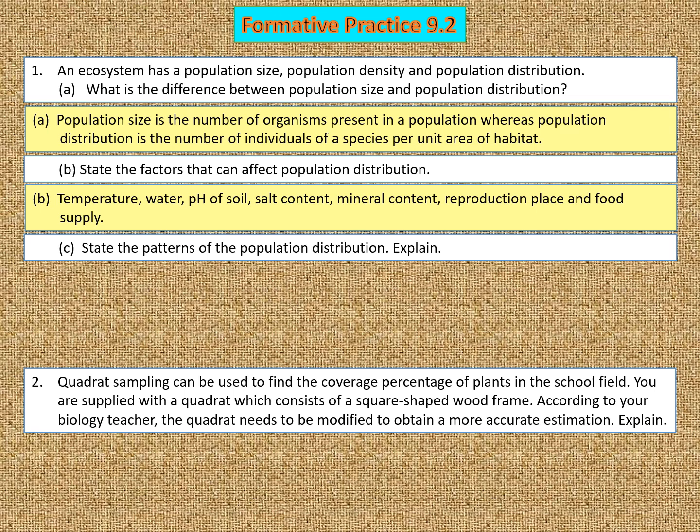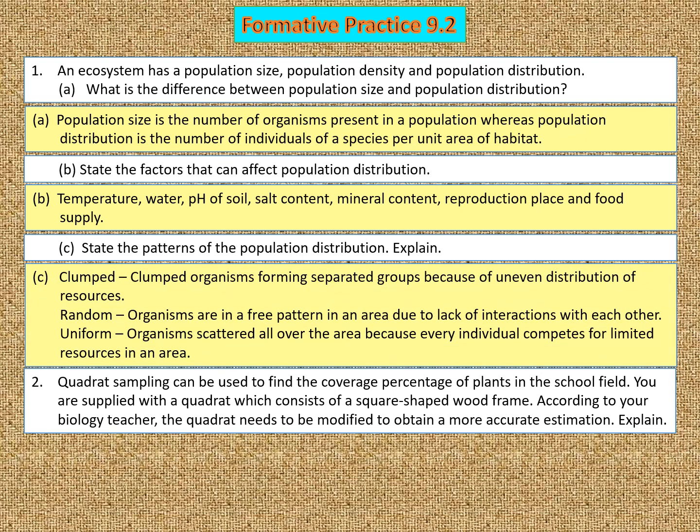Question C. State the patterns of the population distribution and explain them. Clump: organisms form separate groups because of uneven distribution of resources. Random: organisms are in a free pattern in an area due to lack of interaction with each other. Uniform: organisms scatter all over the area because every individual competes for limited resources in an area.